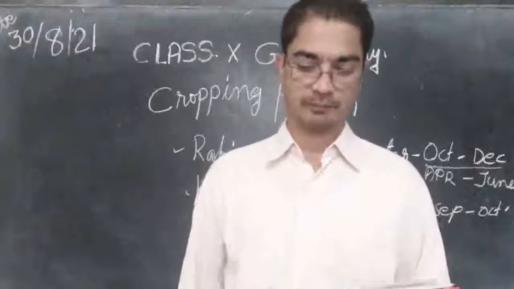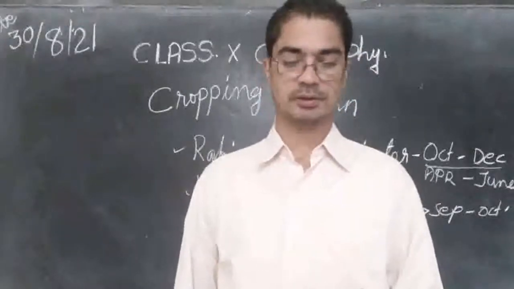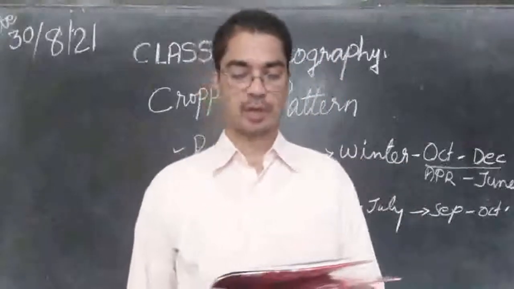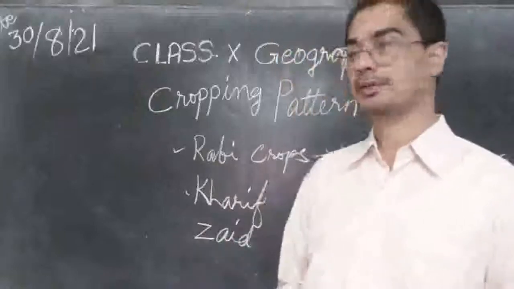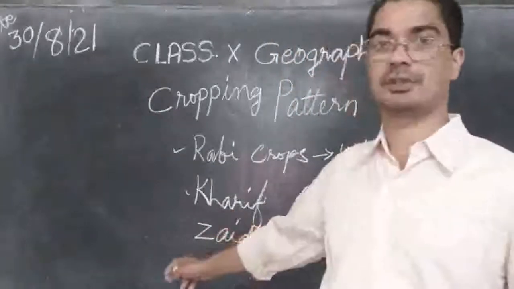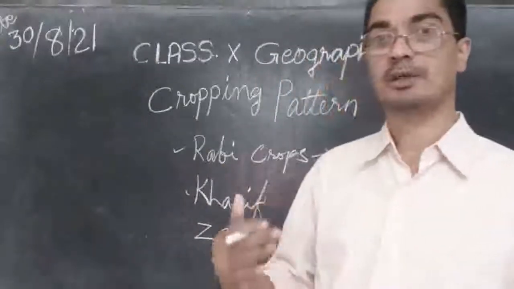Then urad, cotton, jute, groundnut and soya bean. So these are the crops that are grown during this kharif season. They are not grown in the winter, but they are grown in the summer season.